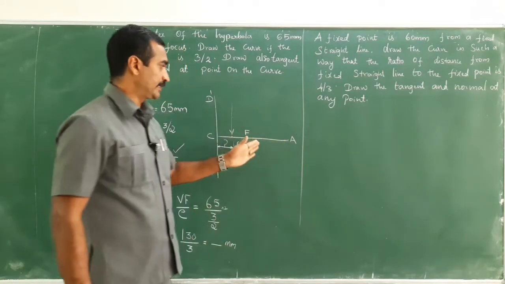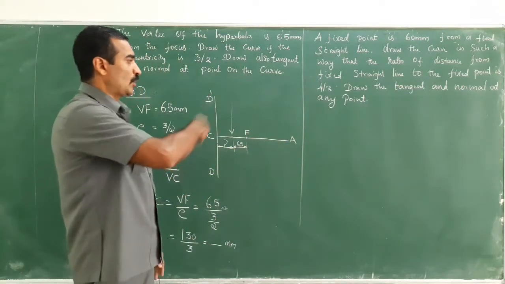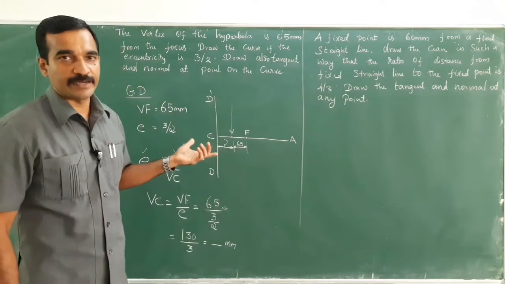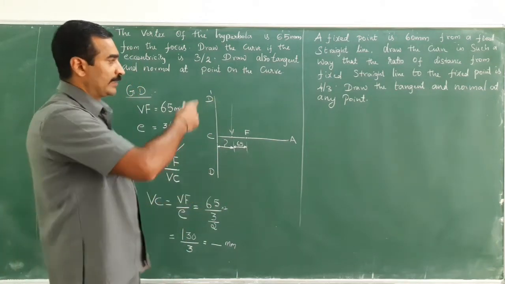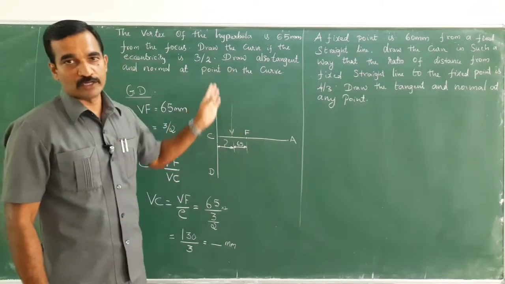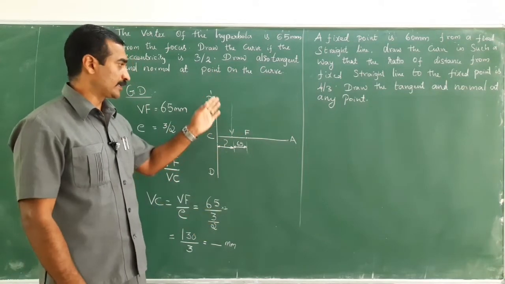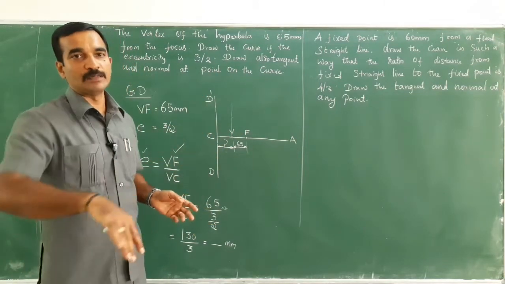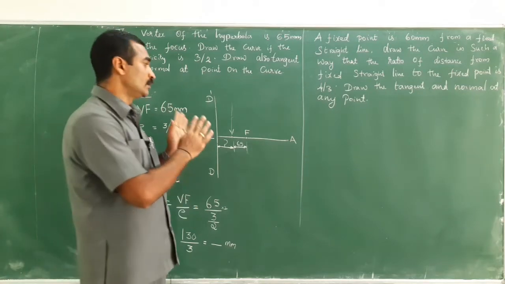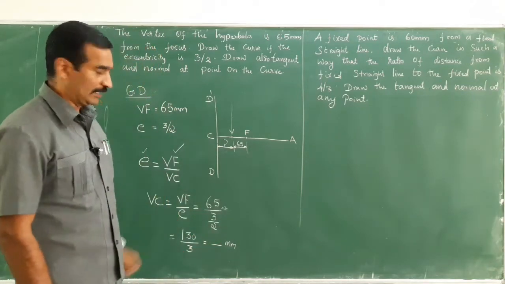Then plot the curve: with radius 1 dash as the radius and F fixed, draw an arc above as well as below the axis on the corresponding line, then plot all the points, and you will get the profile of the hyperbola, right.